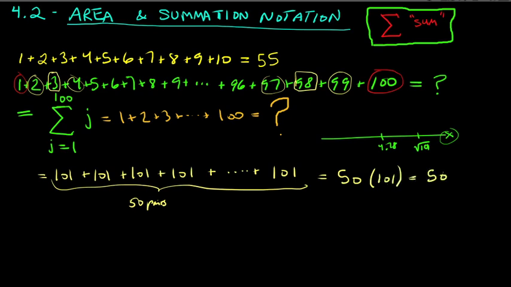And that's 5,050. And there you go. That's the answer, right? So we have our answer, finally. The sum of the first 100 positive integers is 5,050. Okay, neat trick, right?